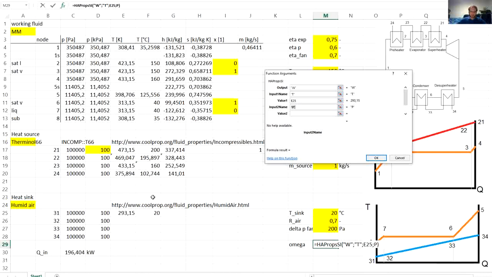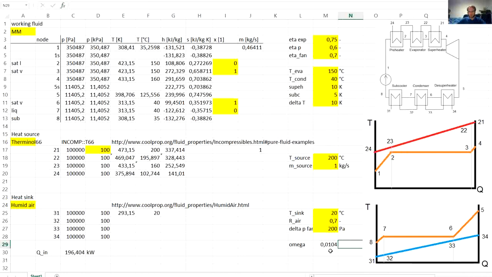Second would be pressure over here, and the last one would be relative humidity, for which the symbol R is used, and the value is over here. In this function we don't have the input for the working fluid, because this function is specifically given for humid air.